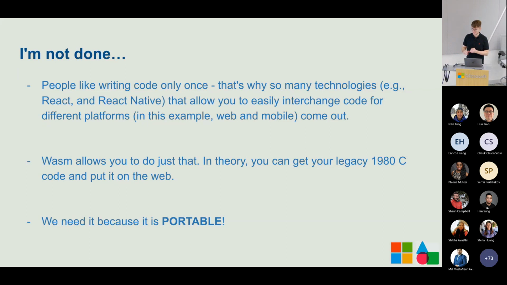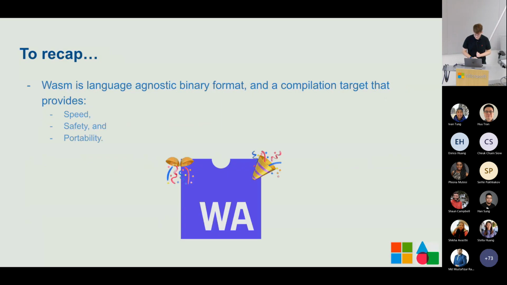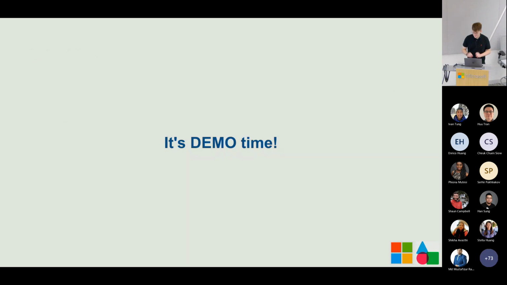So we need it not just because it's fast, not just because it's safe, but also because it's portable. So to recap, Wasm is a language-agnostic binary format and a compilation target that provides speed, safety, and portability. Yay! We made it. So now it's demo time, and that's our very first demonstration to end the 2018 year.